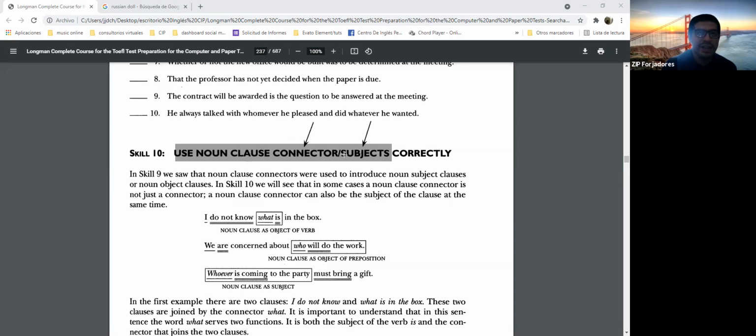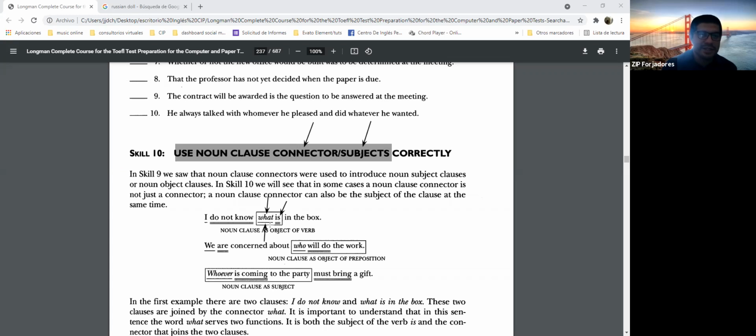Okay, so they have both functions in the sentence. For example, I don't know what is in the box. If you notice in this sentence, what is the connector, but also is the subject of the sentence. That's why I don't need another subject. I only need the verb that is.